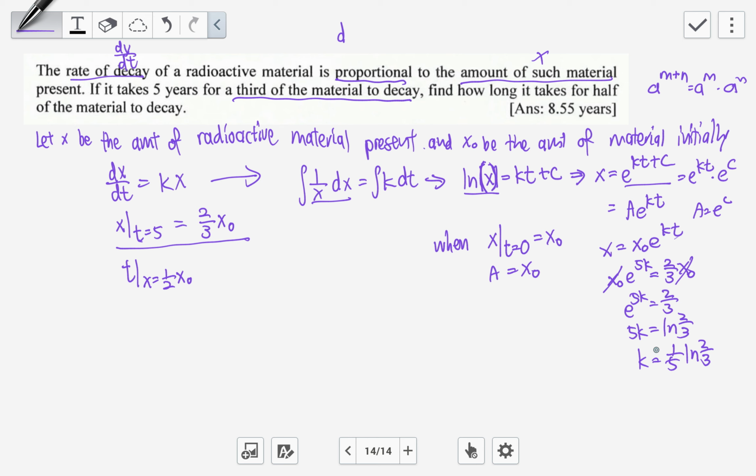Then substituting this back into the original equation, we have x equals x0 e^((1/5) ln(2/3) t).